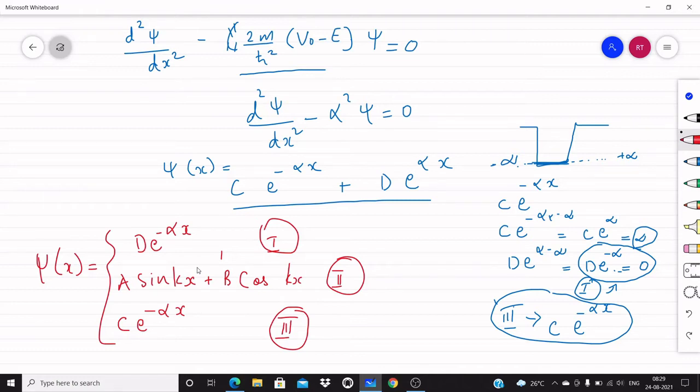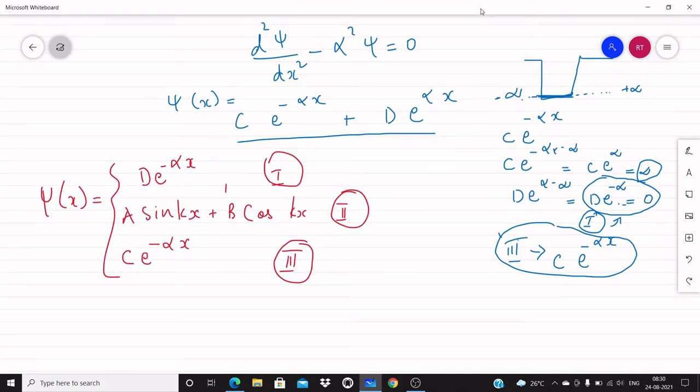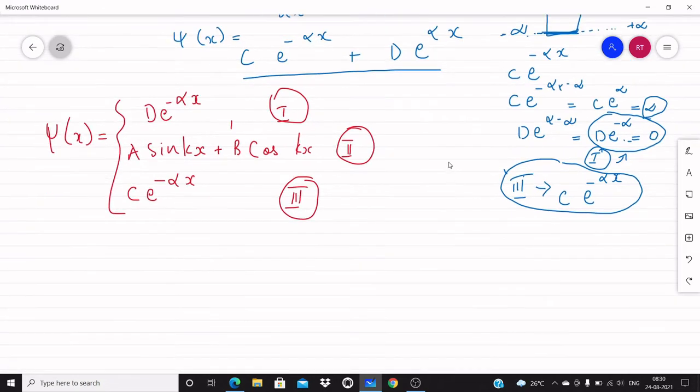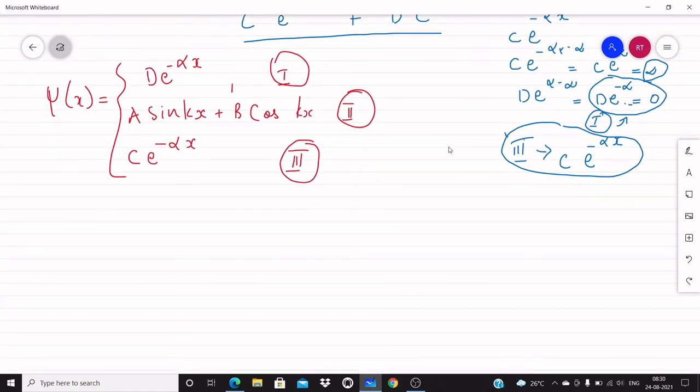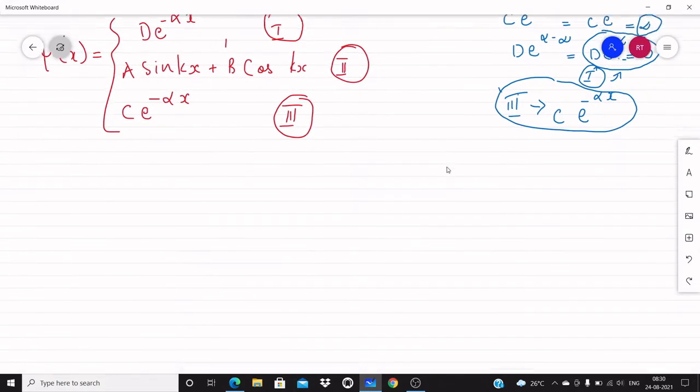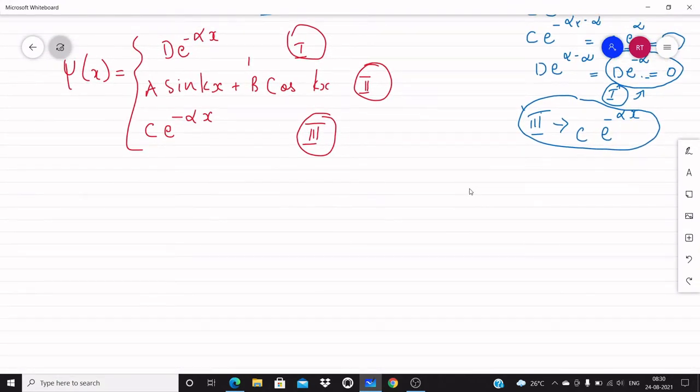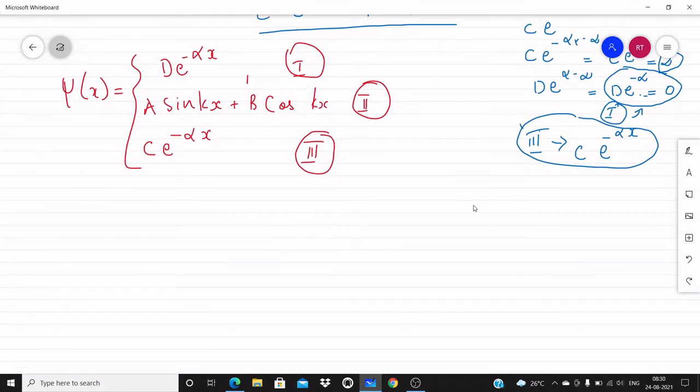So these two are the possible values of wave functions in 3 different regions. Now let us analyze how these wave functions behave according to the properties of wave functions. So we have to think about the symmetry property and the continuity property of the wave function. If it is satisfied, then we can say that this is the most suitable wave function.